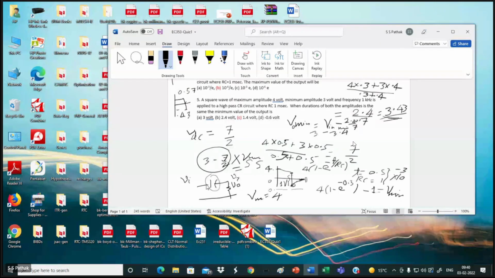This is becoming positive. So the negative voltage is subtracted from the 4 volts. It will start falling. At t equal to 0, it is 4 volt. When t is increasing, the fall will be more. So it has to be 1 minus this thing. At t equal to 0, it is 4. At t equal to infinity, it will become 0. It is simple logic. I think I did it in the very first lecture on this topic.